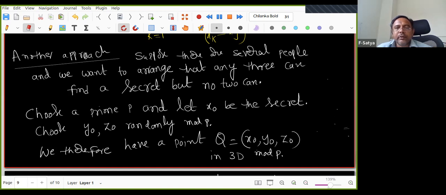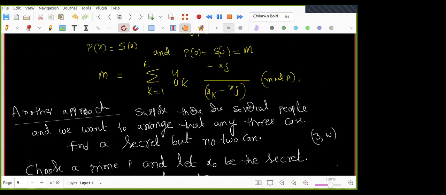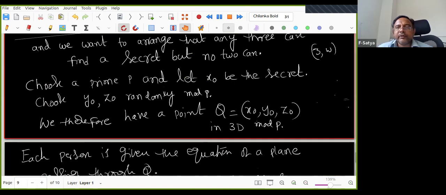Now I'm giving you a (3, w) threshold scheme. What will we do here? Can you predict? It will be in R3. Okay, so let us take a prime P and a point X0 is the secret.